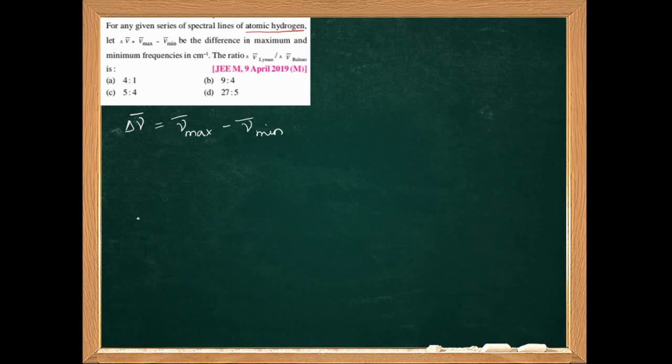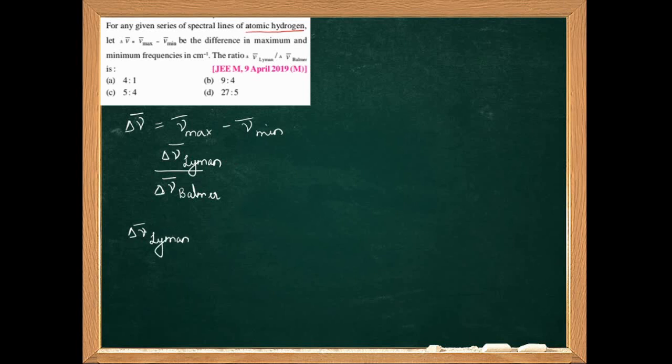Then we have to find the ratio of this delta nu bar for Lyman upon delta nu bar for Balmer.